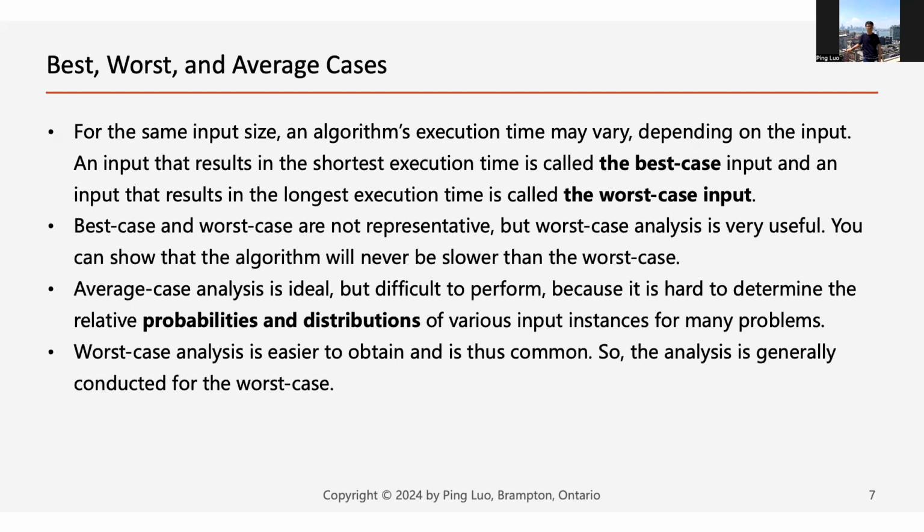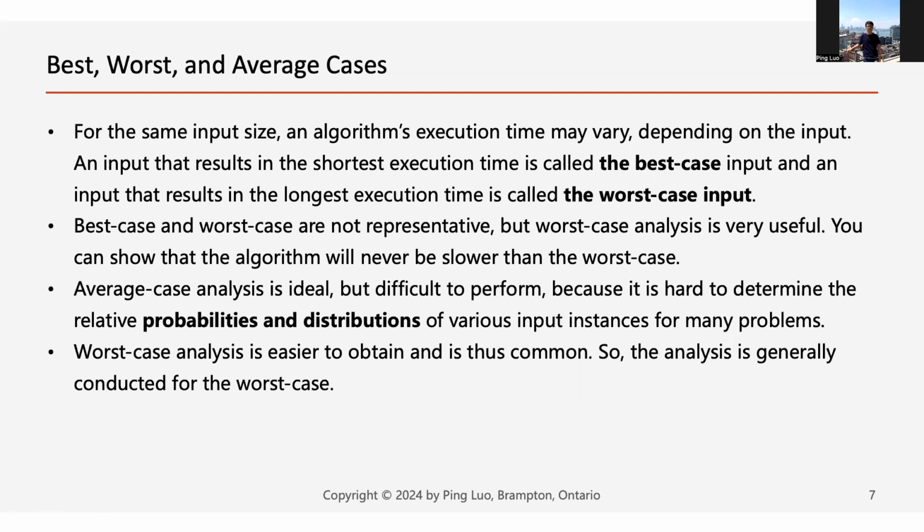Another thing we need to mention is that for most algorithms, when the input is different, the actual execution time may be different. Sometimes, for some input, we will have best cases, running very fast. For some extreme input, for example, for linear search, the number is at the very end of the list.